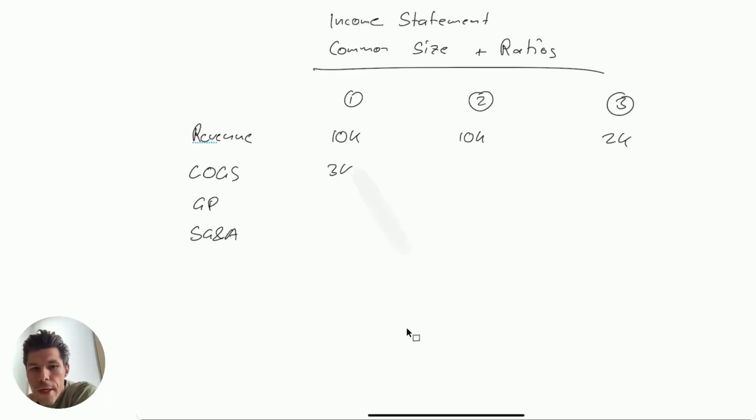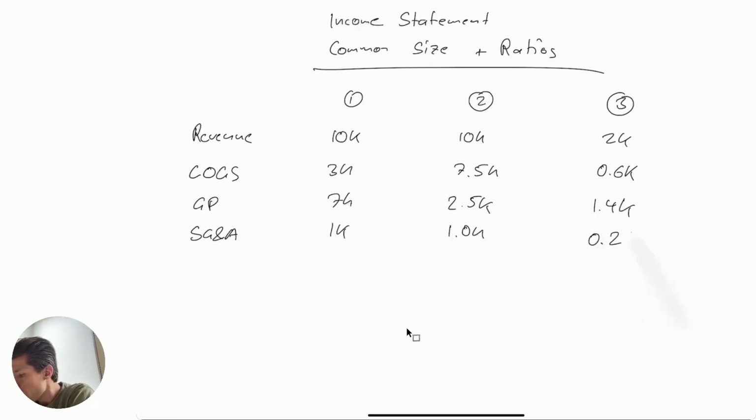And then let's assume 3K, 7K and 1K; 7.5K, 2.5K and 1K; 2K; 0.6K, 1.4K; 2K, 6, 2, 6, and the last one is 0.2K.